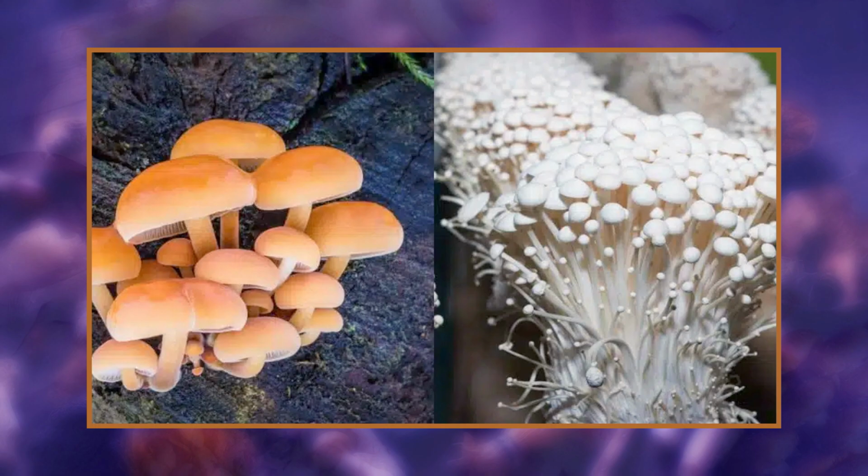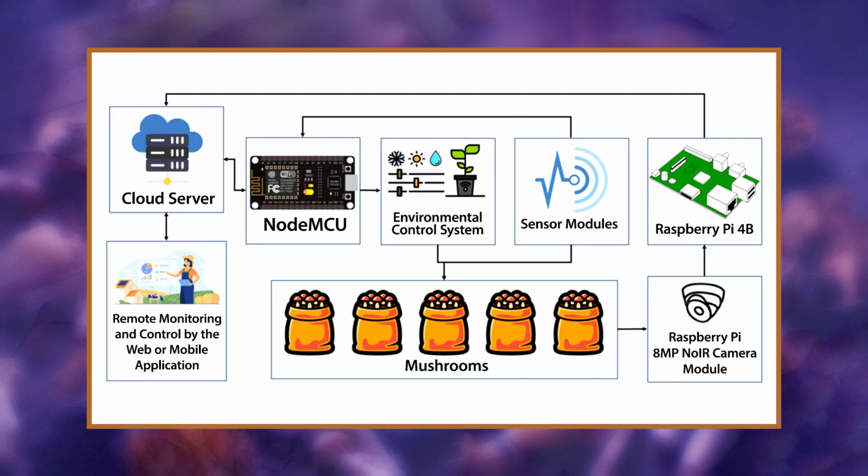In some cases, like with enoki mushrooms, minimal light exposure is necessary to achieve their signature elongated white stems, whereas other species may require specific light cues to trigger fruiting. Advanced monitoring systems, including digital sensors and automated climate control technologies, allow growers to continuously track and adjust these conditions in real time.